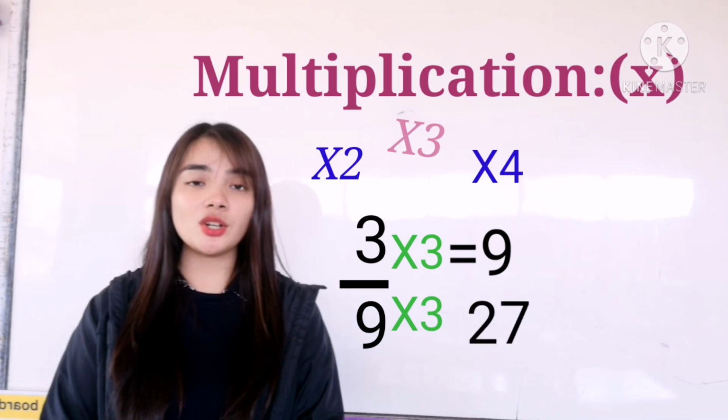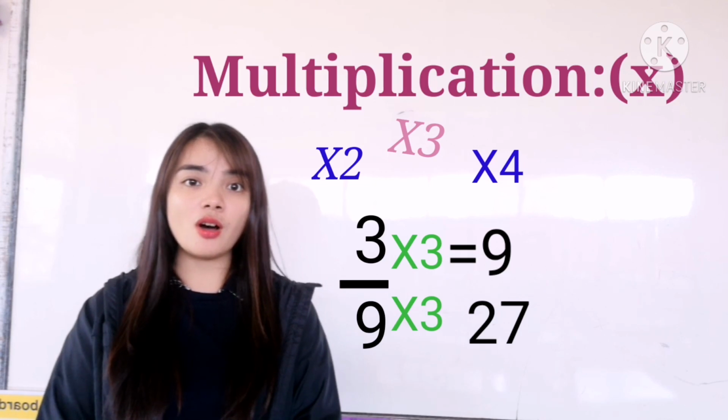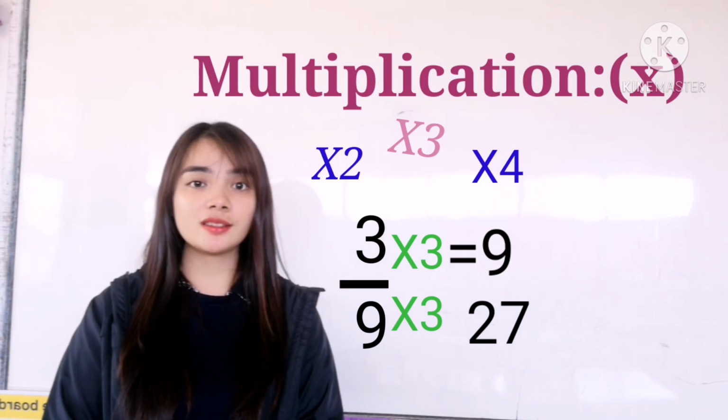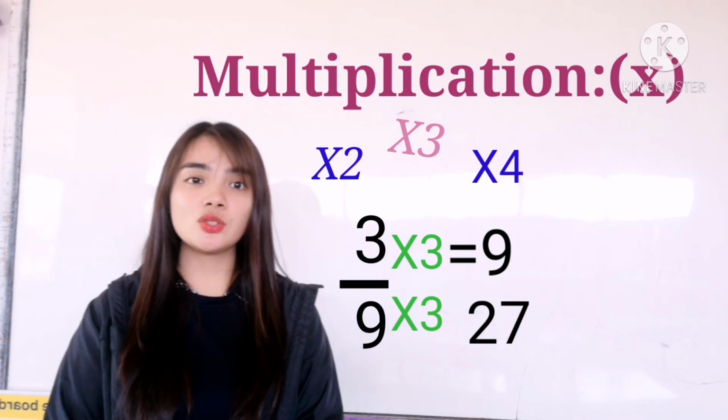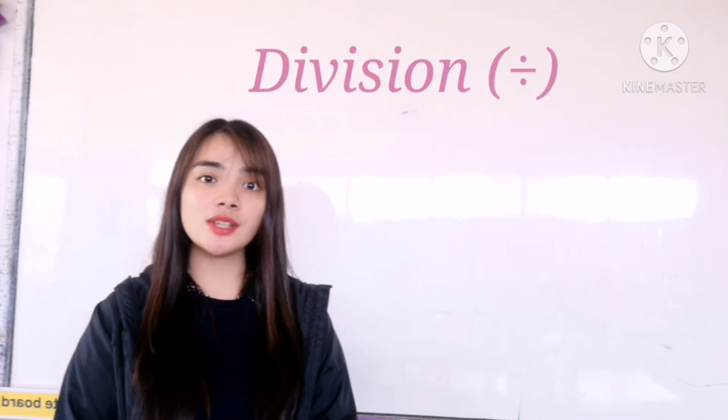So what is the equivalent fraction of 3/9? It is 9/27. Getting it?